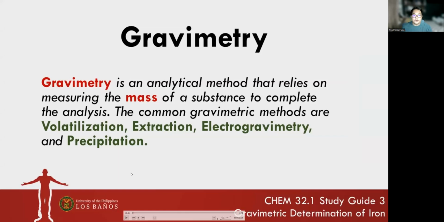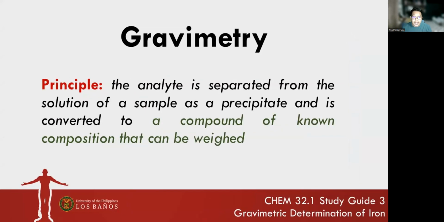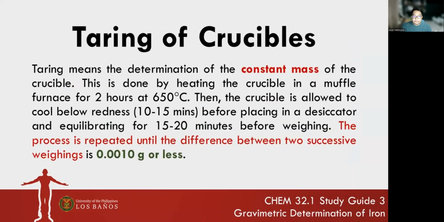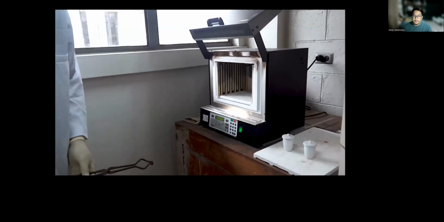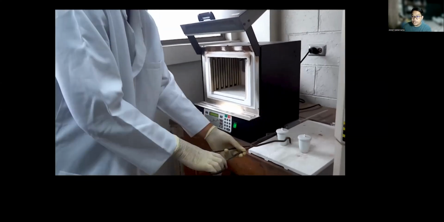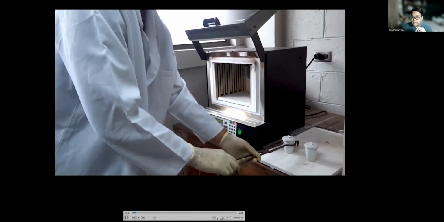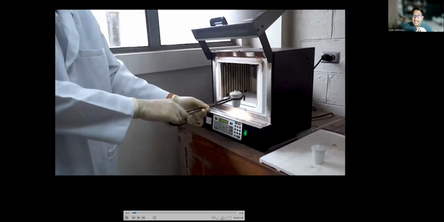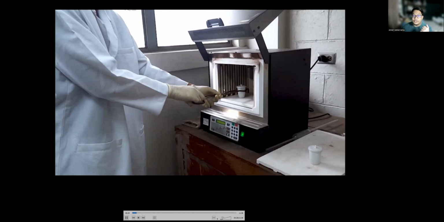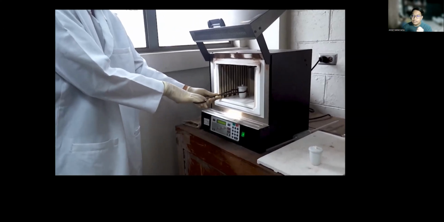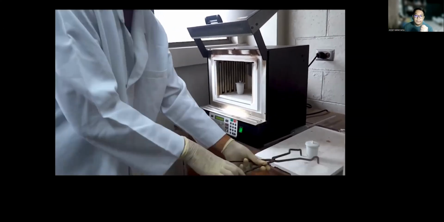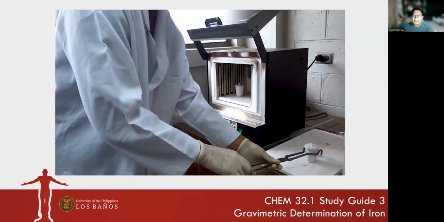In this video, we will be introducing to you the tearing of the crucible. In this presentation, you'll have your crucible here, and we will handle it with tongs. As you can see, handle the crucible using tongs, and this will be placed inside the muffle furnace.